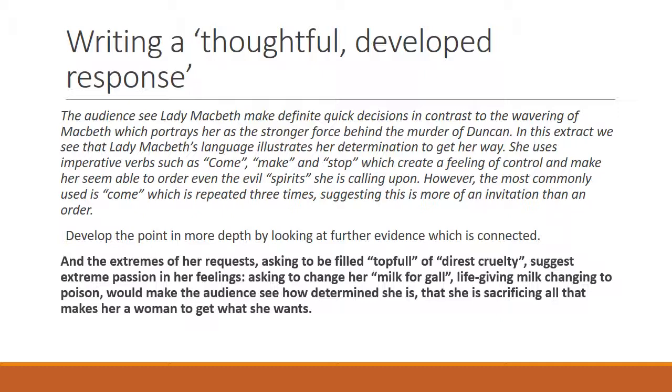Analysis. Asking to change her milk for gall, another example. Life-giving milk changed into poison, or analysis, would make the audience see how determined she is, that she is sacrificing all that makes her a woman to get what she wants. And there's my interpretation of the impact and the effect that this particular thing gives.